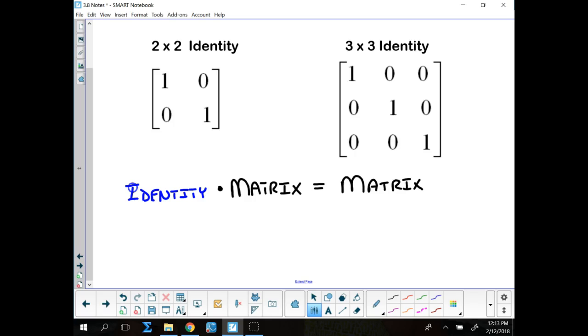So it's kind of like multiplying by 1. An identity matrix is just like multiplying by 1.